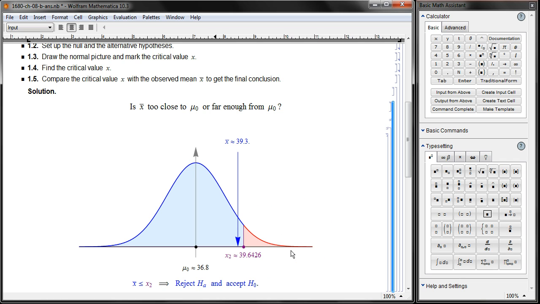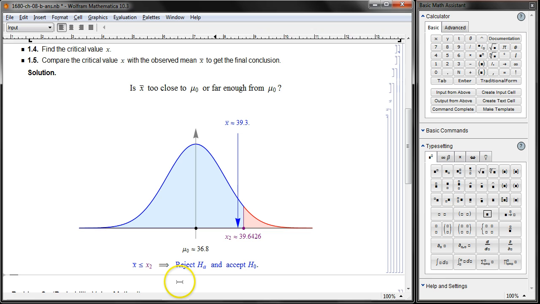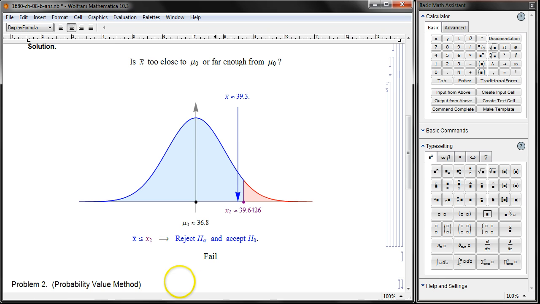There are many different ways to say that, but probably the most formal way to say it is like this. Fail to reject the null hypothesis.